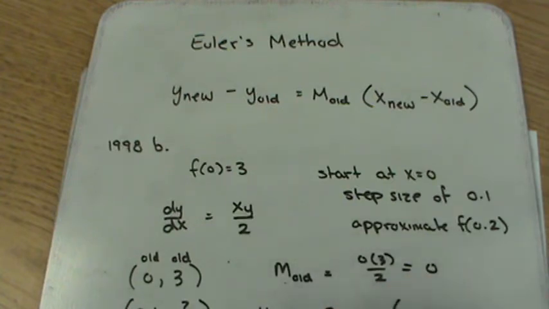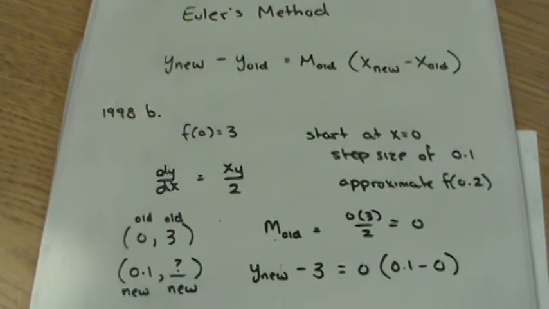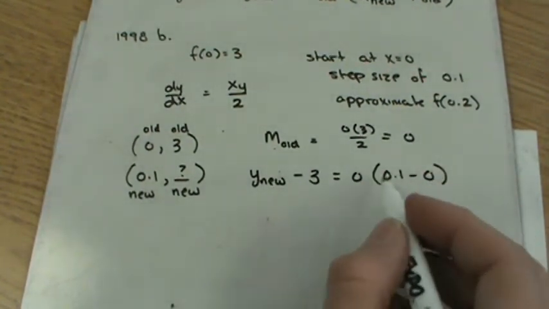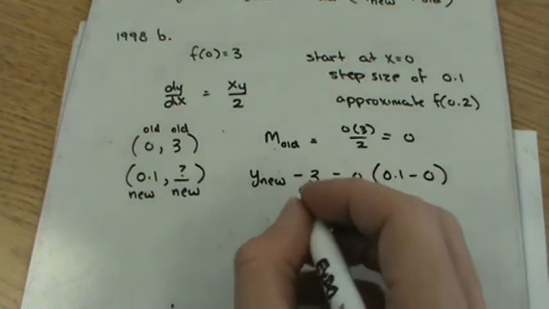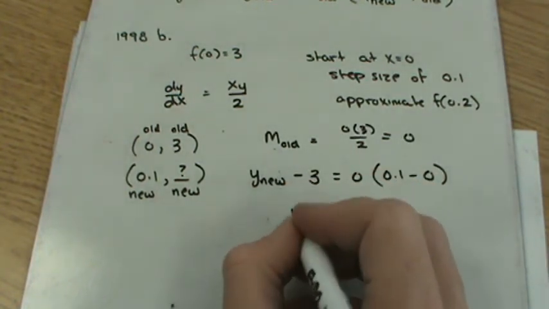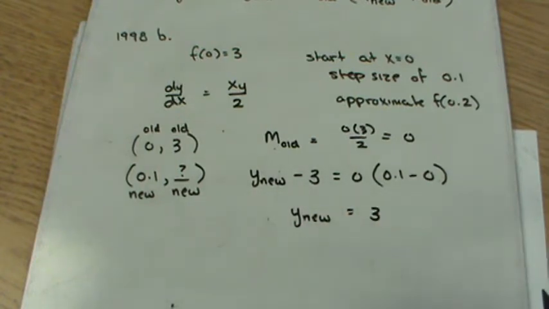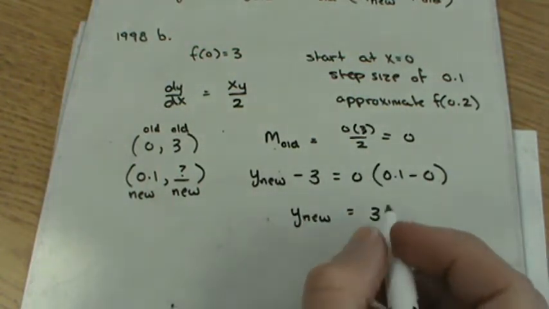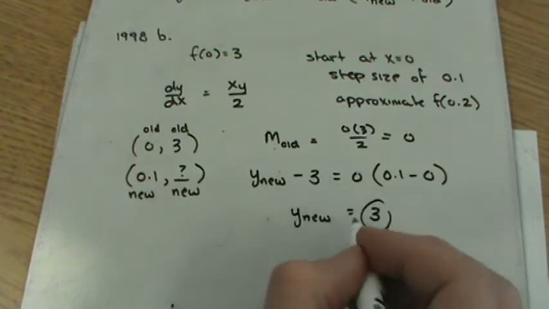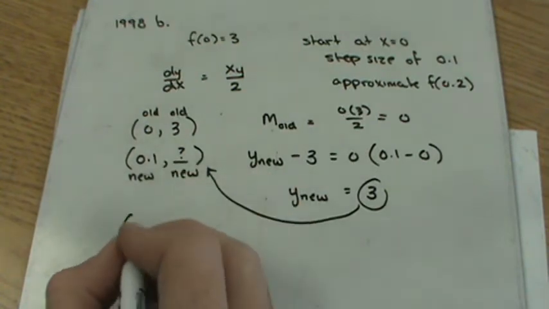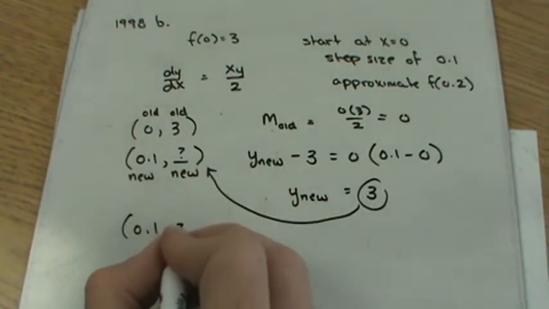And our x new is 0.1 minus our x old, which is 0. So we plug it all in, and really what we're looking for is our y new. This one's pretty easy because y new just becomes 3. Now that we have that, y new is going to go into our point, and now we have 0.1 comma 3.